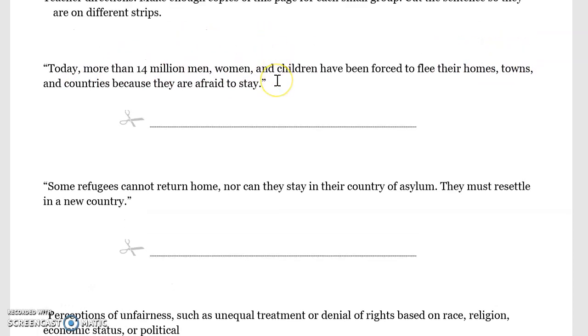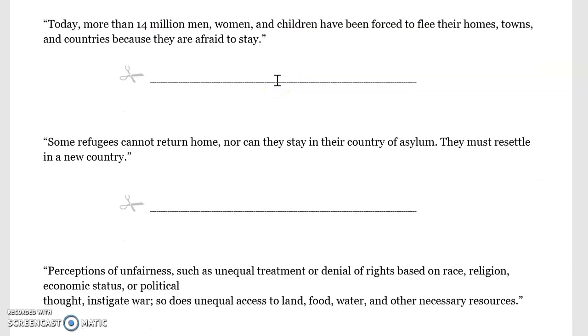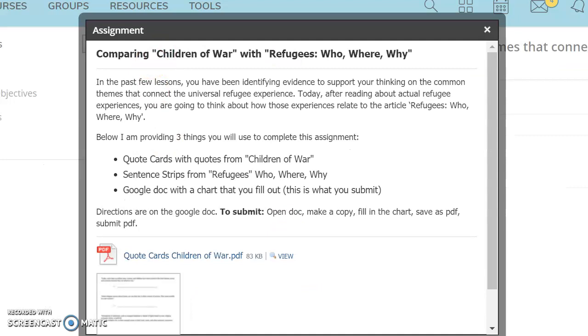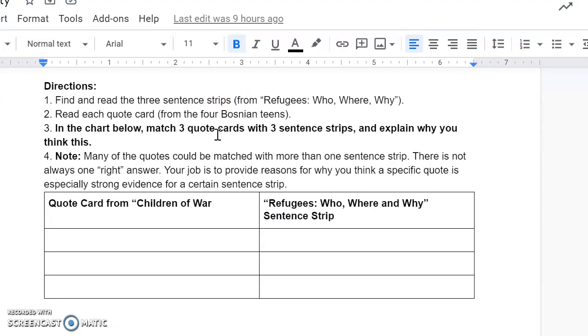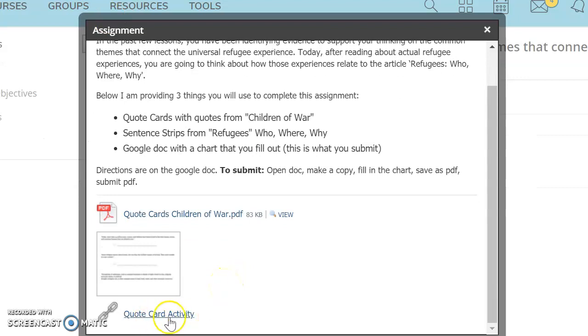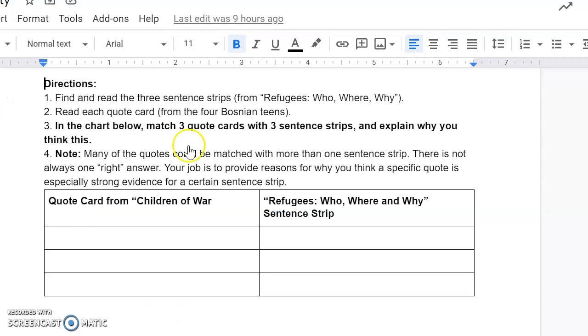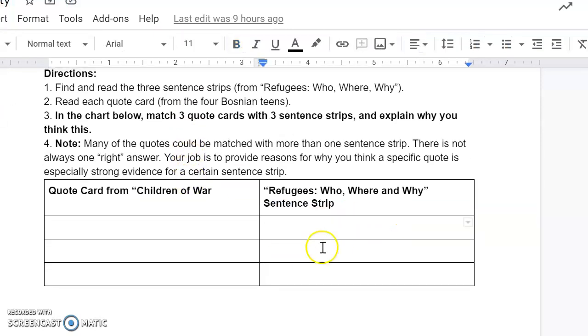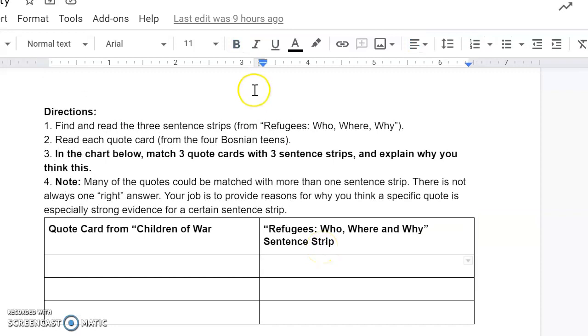All you're doing is copying this quote and putting it in the chart, which is this. You're going to copy that first quote and put it in the chart right here, and then go back.